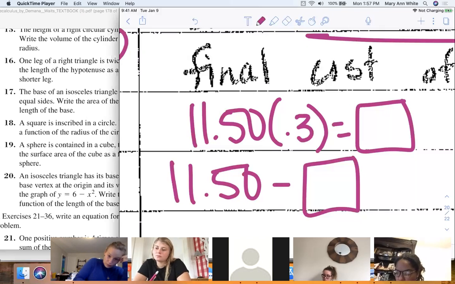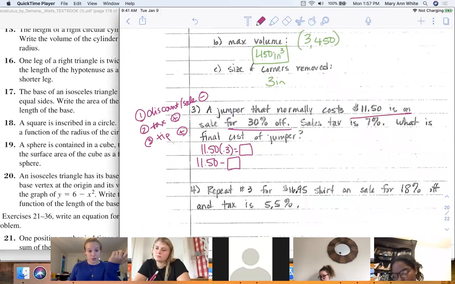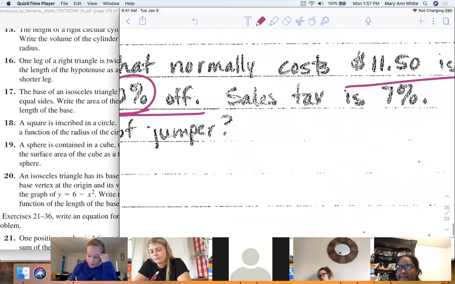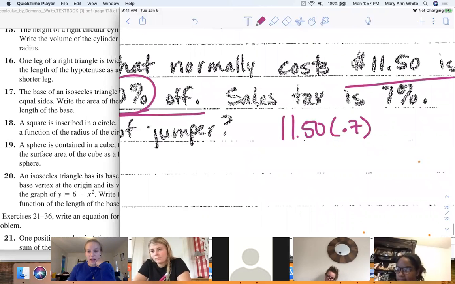Or what you can do if you don't want to do those two steps, if it's 30% off, then you're only paying for 70% of that jumper. So instead we can do 11.5 times 0.7, and that gives you how much the jumper is. I'm going to show you that both ways you get the same answer. I would rather only multiply once, so I'm just going to do the 70%. That's the way that I tend to lean towards.